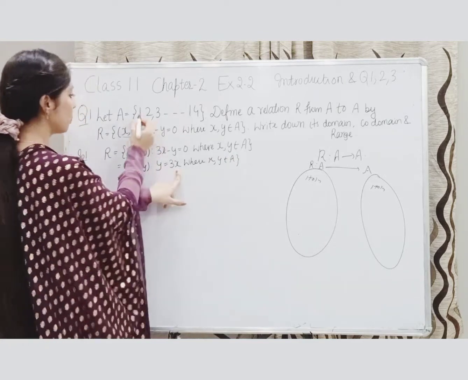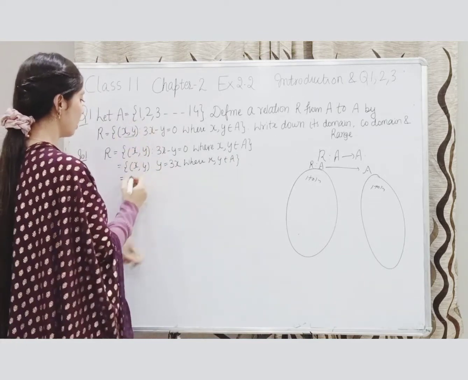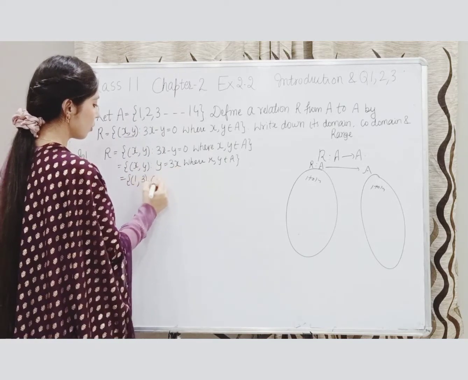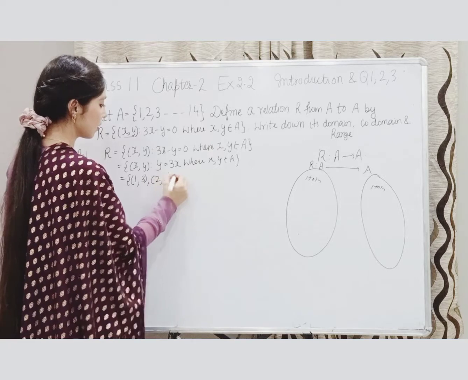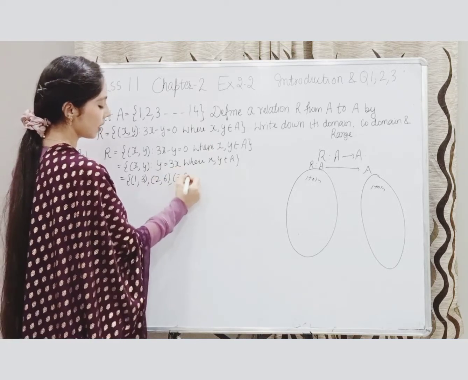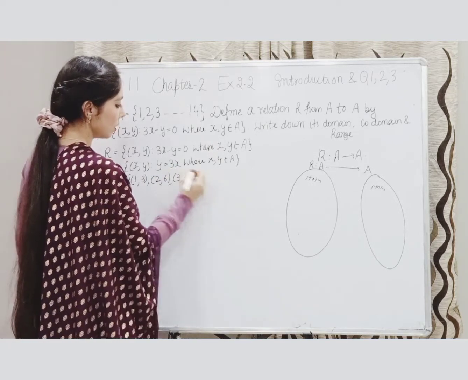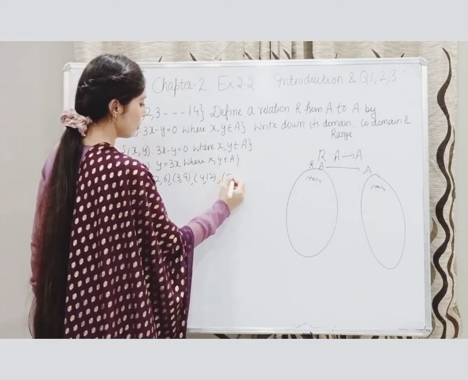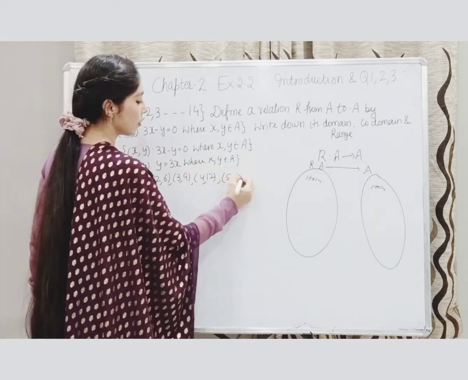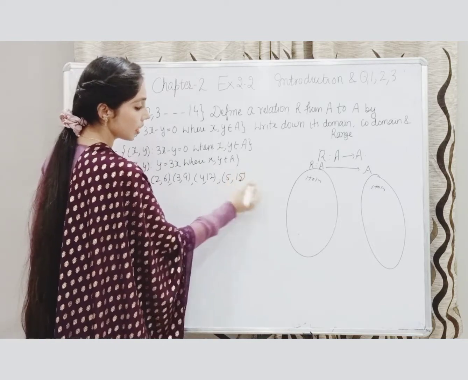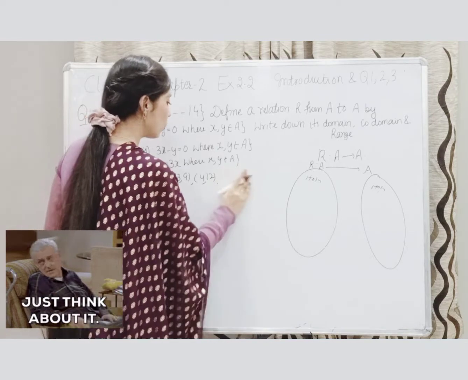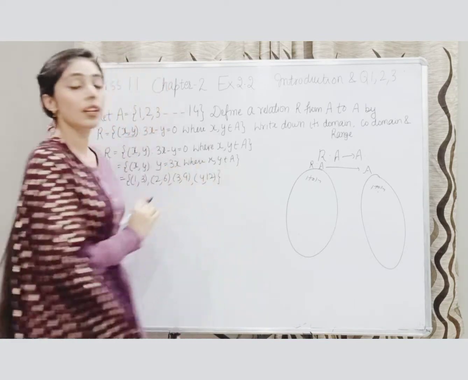First of all, we put x equal to 1, we get 3. If we put 2, we get 6. If we put 3, we get 9, 4 threes are 12, and if we put 5, 5 threes are 15. But 15 is not in the set, so we have only 4 ordered pairs in the relation.